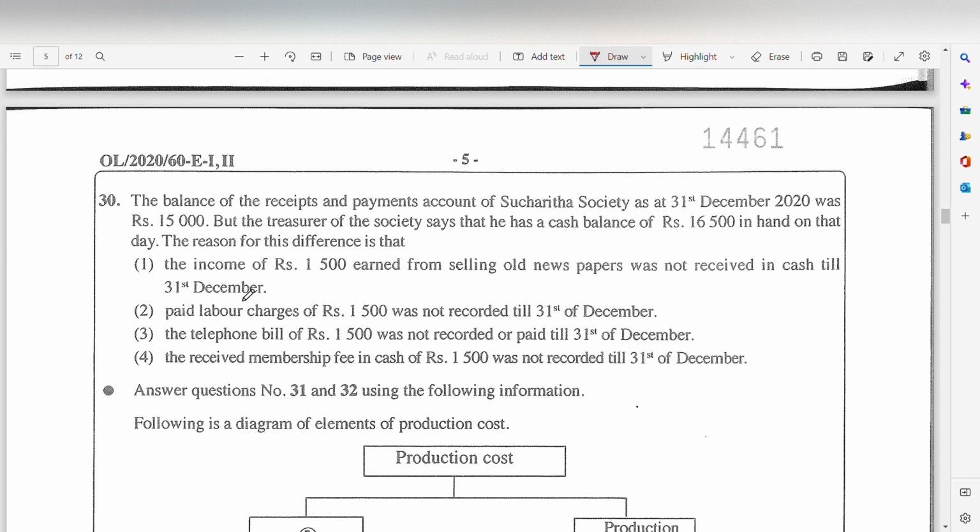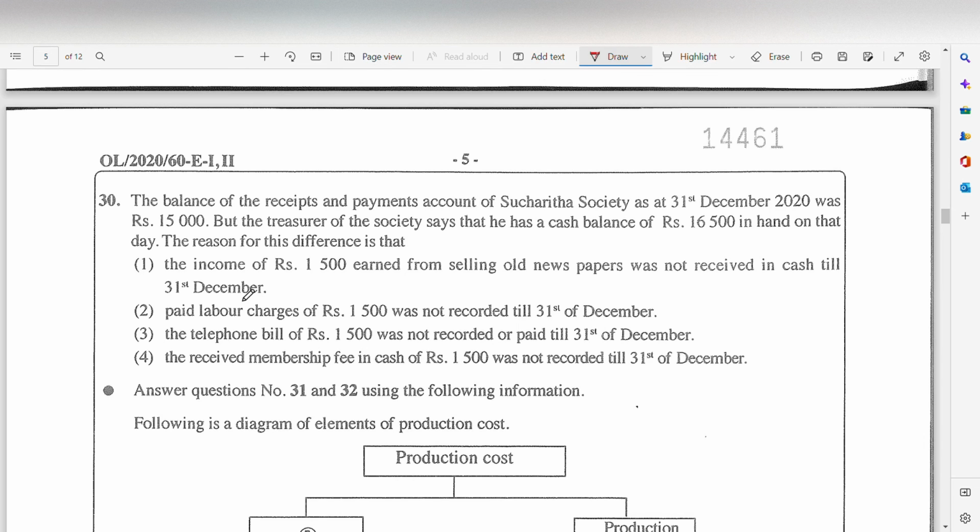Already your accounts is 1,500 less, your cash is higher. Now here the answer says you paid in cash. There is a cash outflow, but you didn't record it. Definitely that cannot be the answer here. Why? Cash is overstated here. So you need to have an entry which results in a cash increase and you have not recorded. But paid labor charges mean there's a cash decrease.